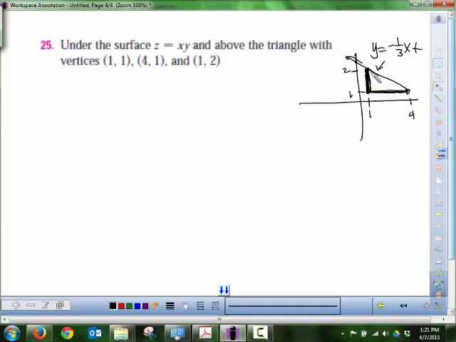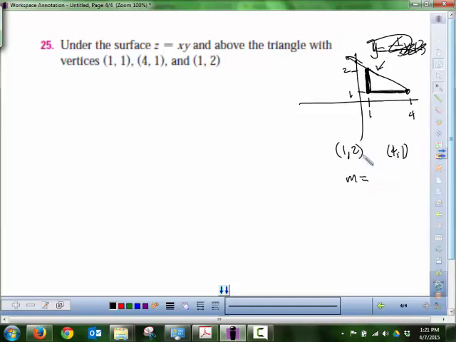No, 2 is over here. No. Oh. Come on. Seven thirds is the y-intercept?